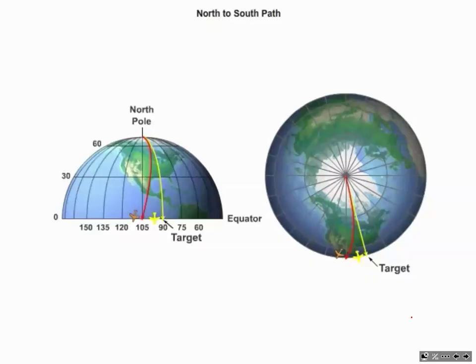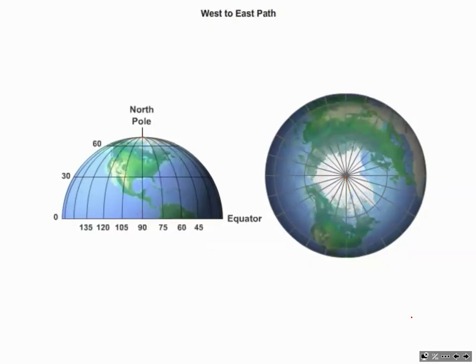The deflection of the Coriolis effect occurs regardless of the direction of movement. Next, we look at the path of an airplane flying west to east from San Francisco to New York City. Notice that the path of the airplane on a non-rotating Earth is a straight line from west to east.